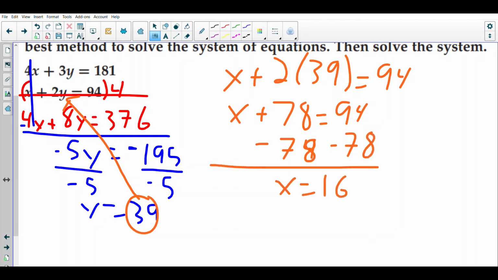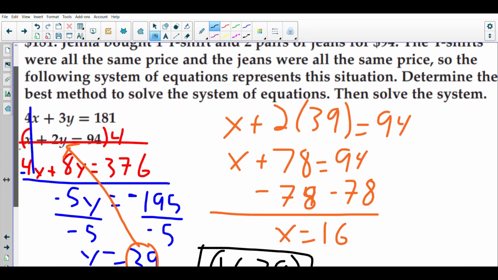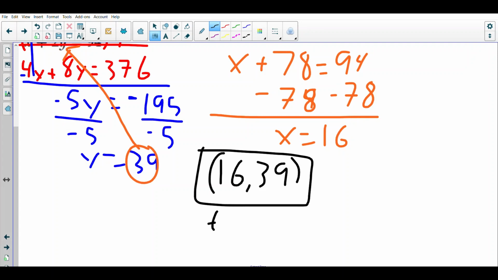So x represents the price of shirts, so shirts would cost $16. So $16 for the t-shirts, $39 for the jeans. Let's write that in. T-shirt, jeans. Just so we know.